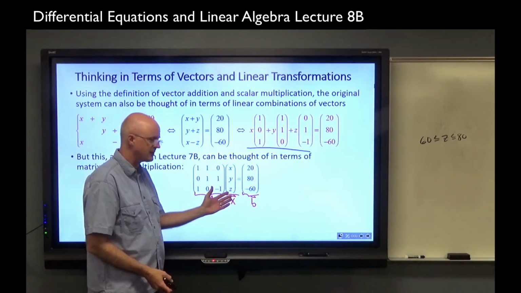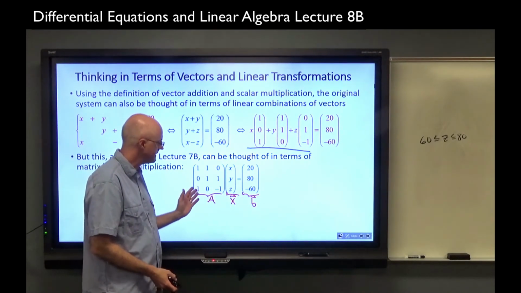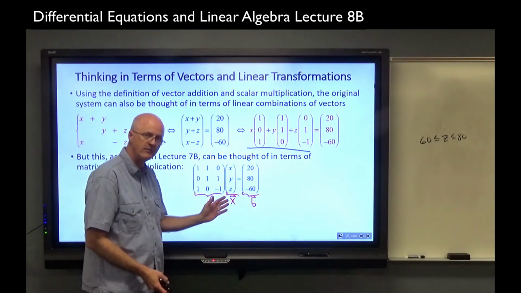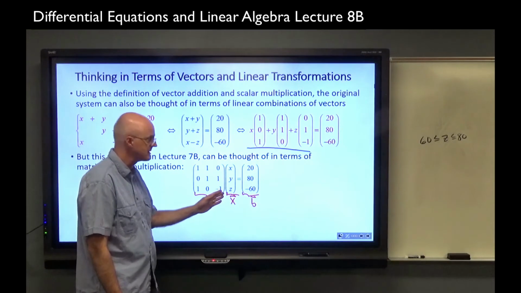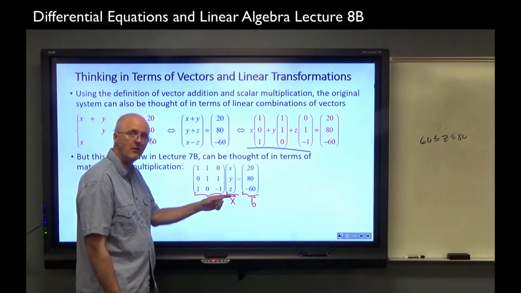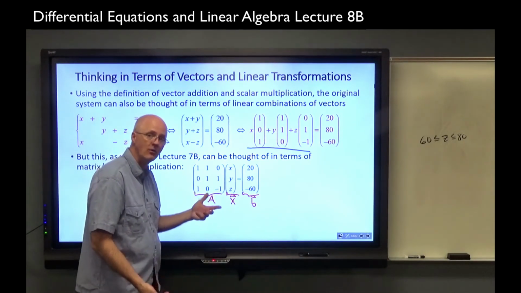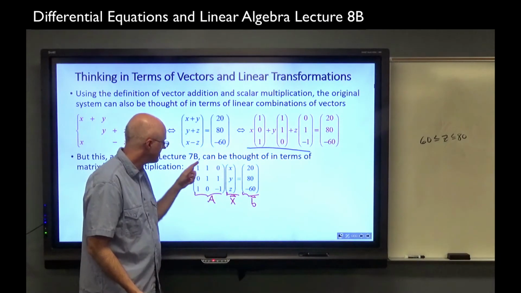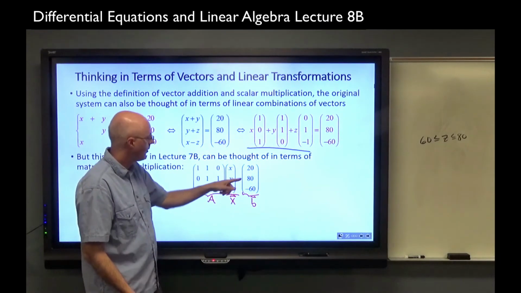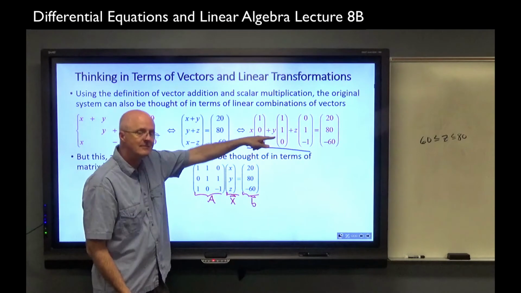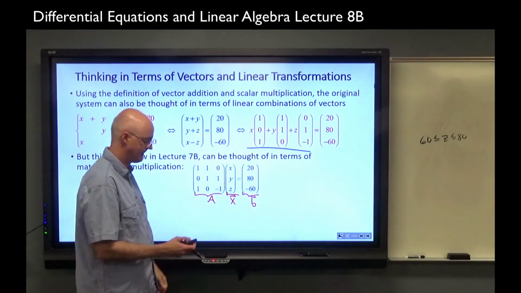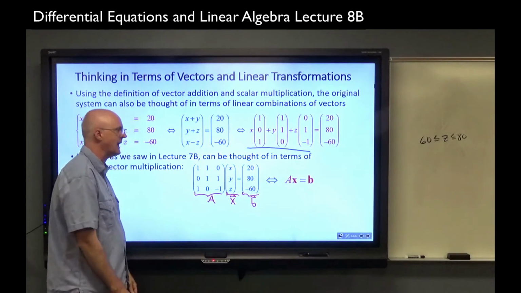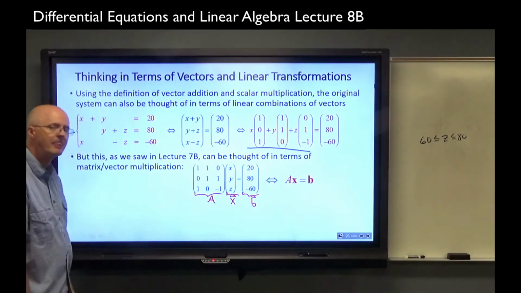A matrix times a vector, a 3 by 3 matrix times a 3 by 1 vector, is a linear combination of the columns of the matrix, where the entries of the vector are the weights or coefficients. So we have x times the first column, y times the second column, z times the third column. And this can be shorthanded to Ax equals b.